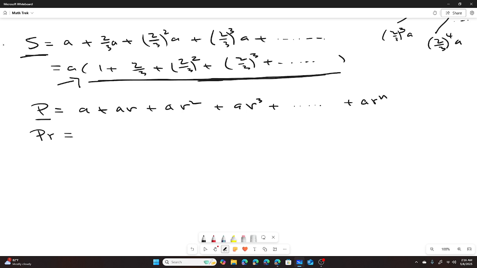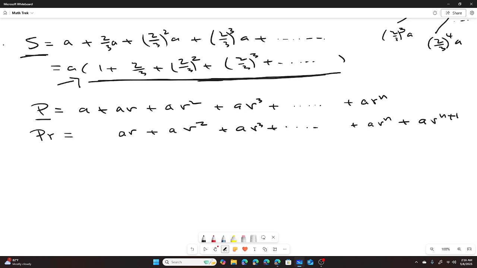What we now have is a times r, a times r squared, a times r cubed, etc., all the way to a times r^n plus a times r^(n+1).